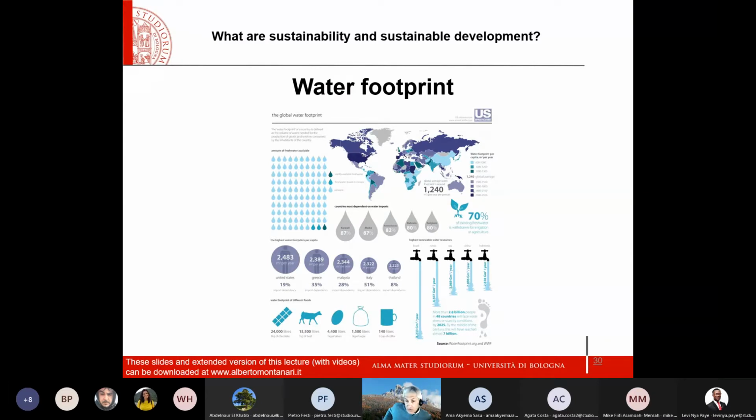We have enough fresh water available for everybody, even in front of a future predicted increase of population. The problem is that we don't have water in the right place at the right time. And it is a problem because moving water is not easy. Water is heavy. And virtual water transfer is something that recently emerged, which gives an opportunity to move water between countries and in a way also to store water in the virtual form in order to also solve the problem of the uneven distribution in time.